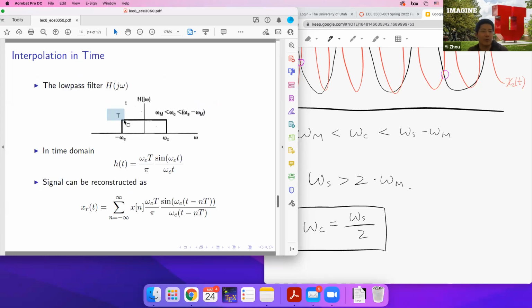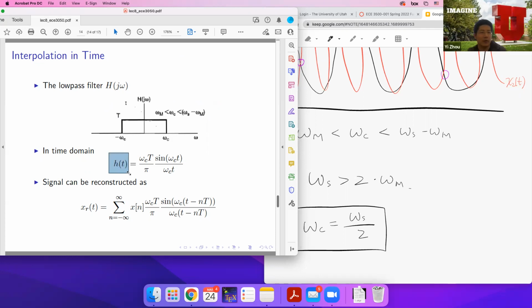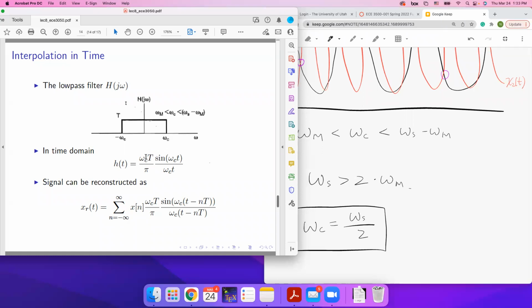So you need to design this low pass filter with capital T response. Consequently, in h(t), this signal is also scaled by capital T. I think this explains why there's a capital T here. Oh, I see. This will compensate for the 1/T factor. Okay, thank you.